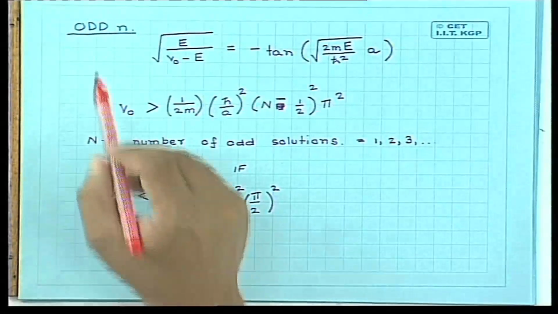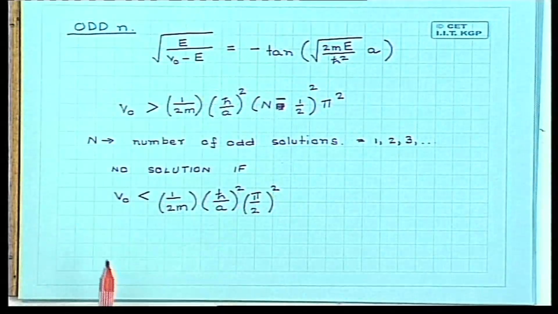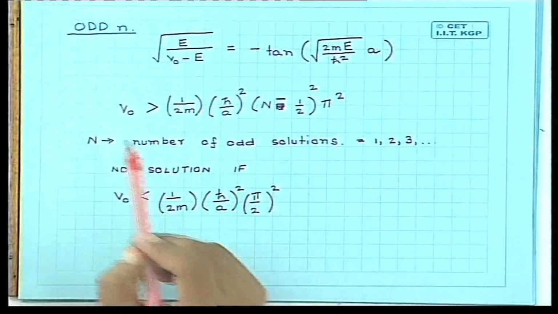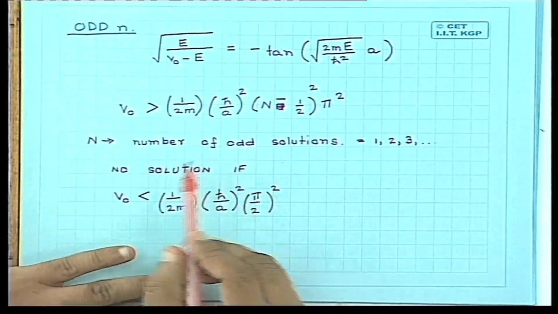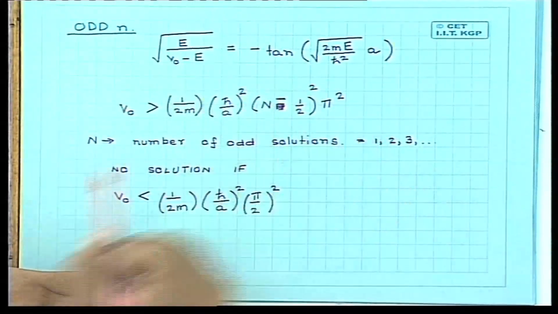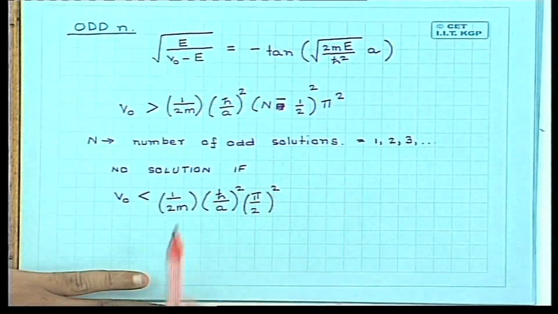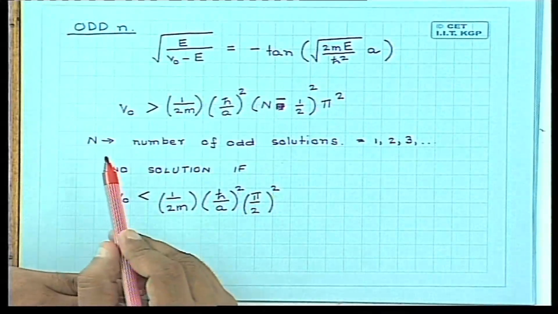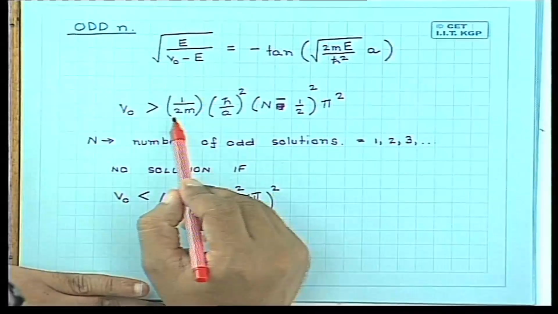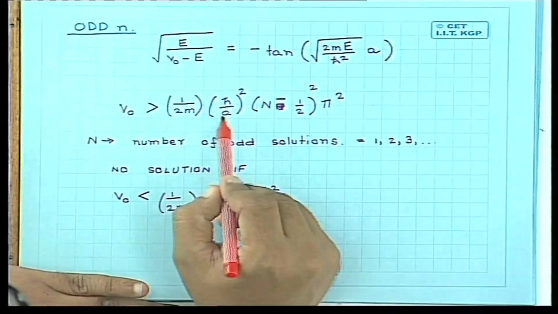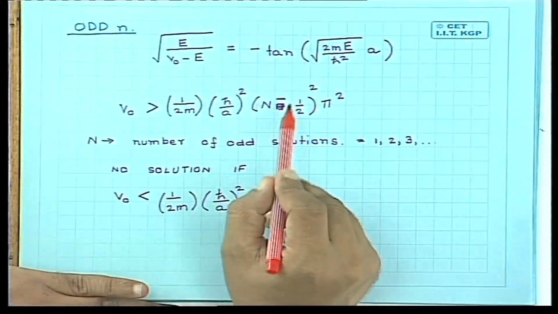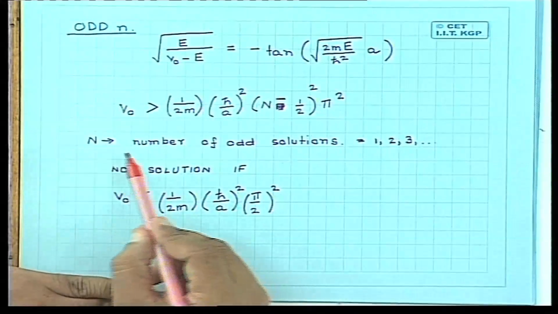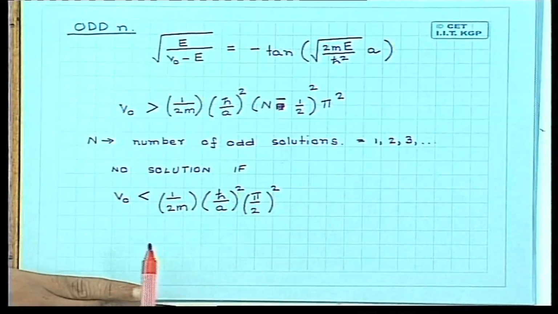And we found that for the odd wave functions, where n was odd, there were n possible solutions, n possible values of energy, if the potential V naught was greater than 1 by 2m, h cross by a, whole squared, times (n minus 1) whole squared, times pi squared, where n is the number of possible odd solutions.